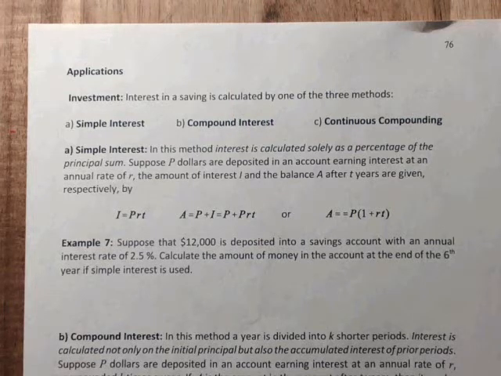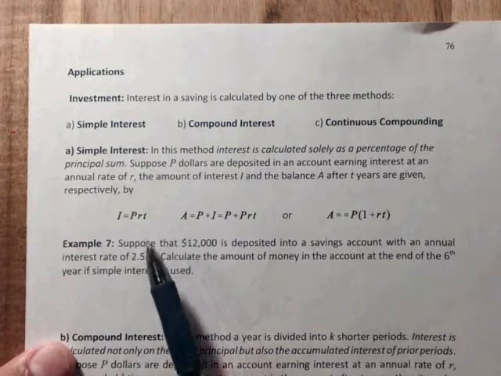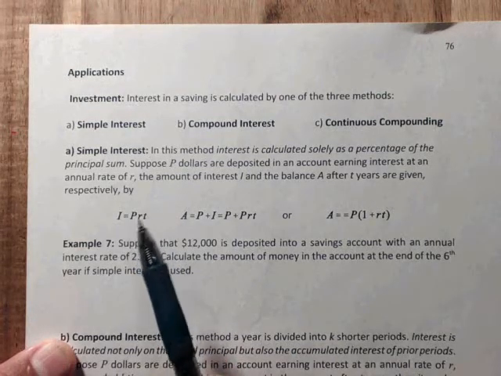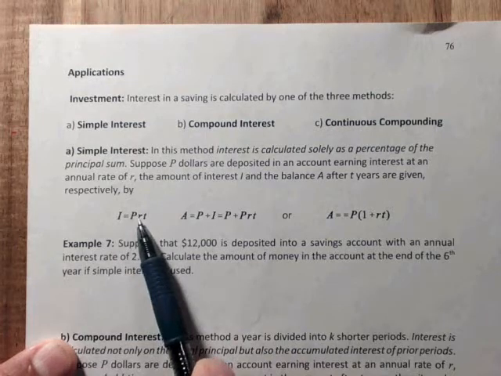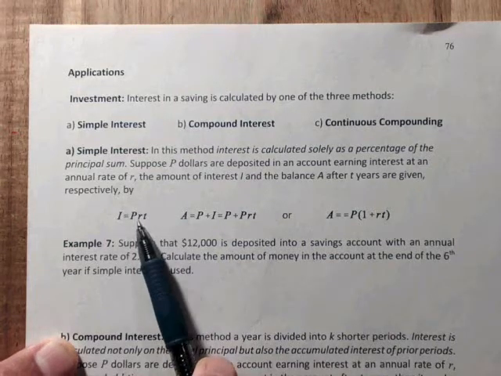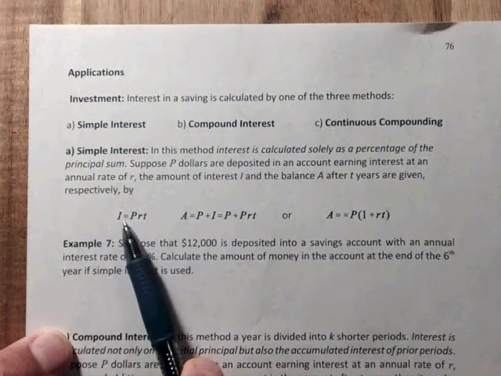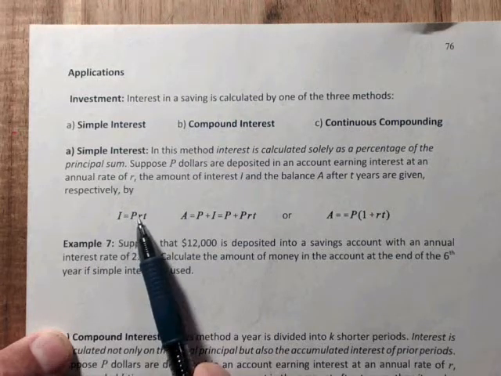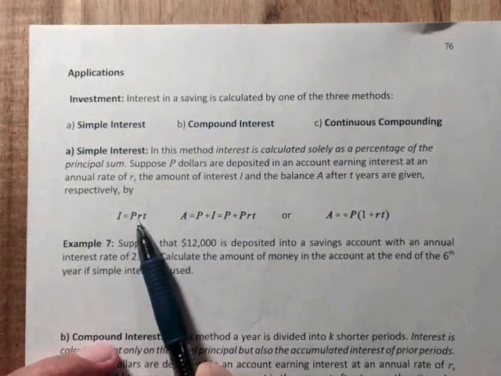As we said, interest is calculated for every year as a percentage of the principal. So interest is going to be rate R times the principal for each year, but you have T years, so you multiply it by T. If you want to compute the amount of interest after T years, multiply P by R and T. Of course, you have to use R as a decimal, not a percentage.